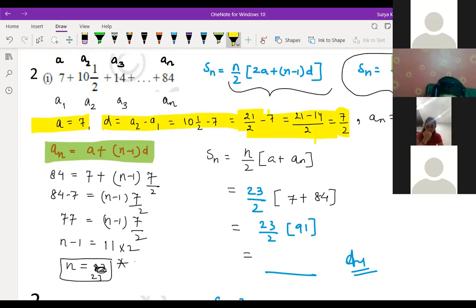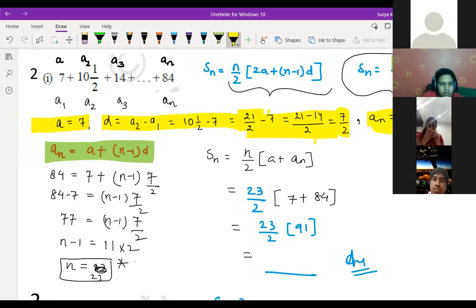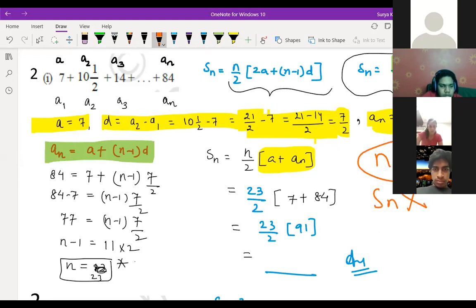Next, an is given to us. an is 84. Now see here a and an we know. So we can apply the formula, what? a plus an. But remember children, here we don't know n. Without n, we cannot find sum. Sum cannot be found without n. So first of all, we have to find n. Then we have to find the sum.